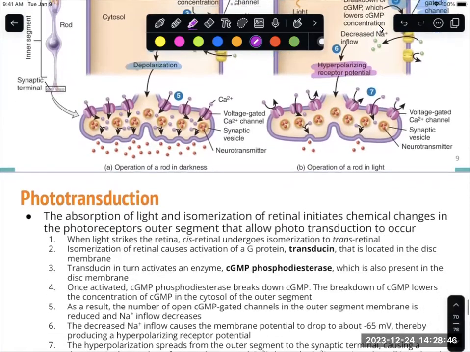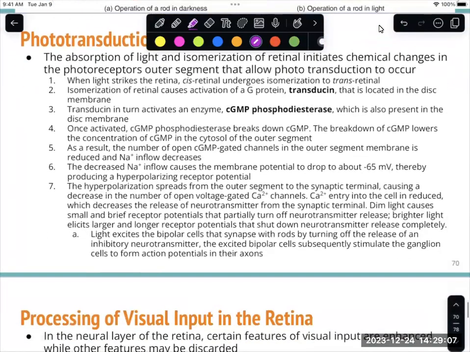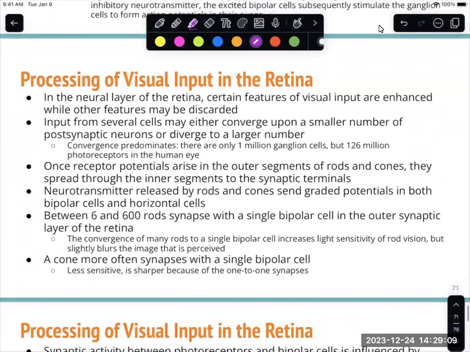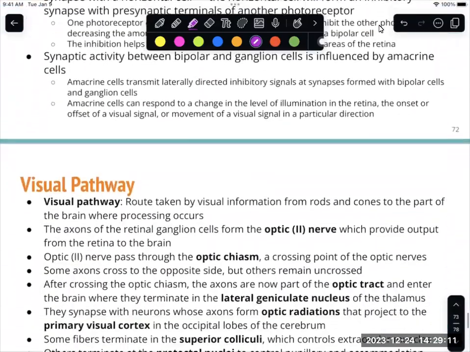So it's going to go one way or the other. Depolarize, it's sending that information back into that visual center in the occipital lobe, or it's hyperpolarizing, which is preventing sending off that signal. So this goes through a lot of that.